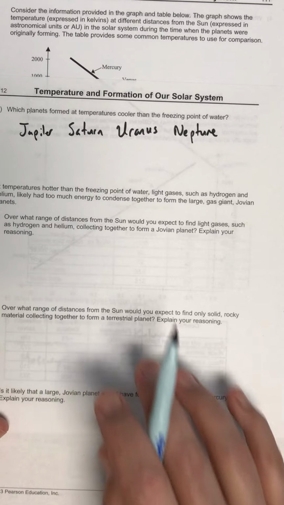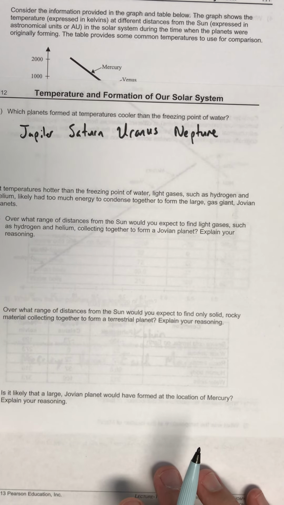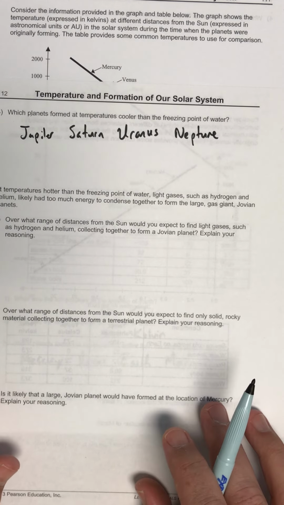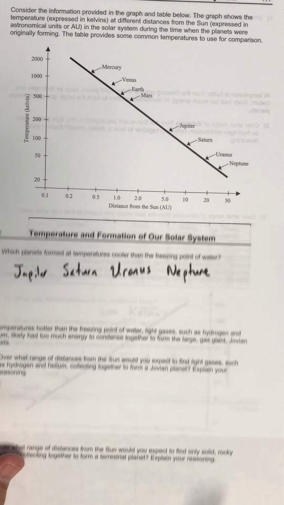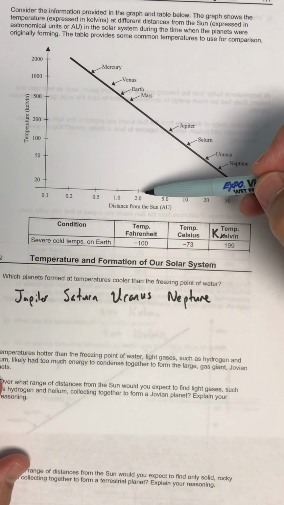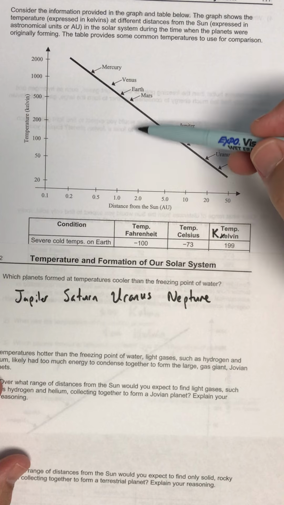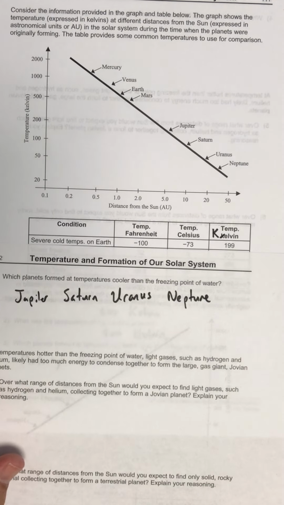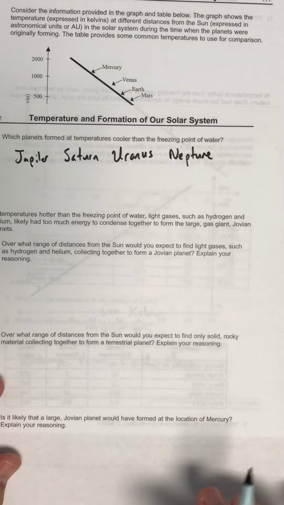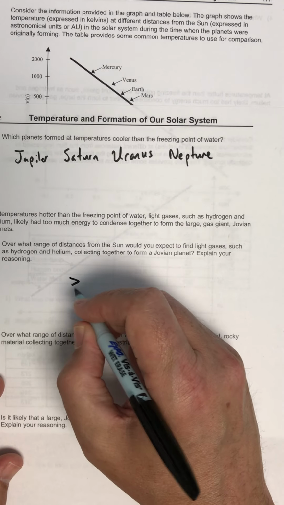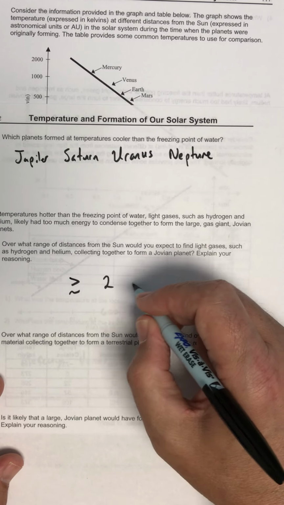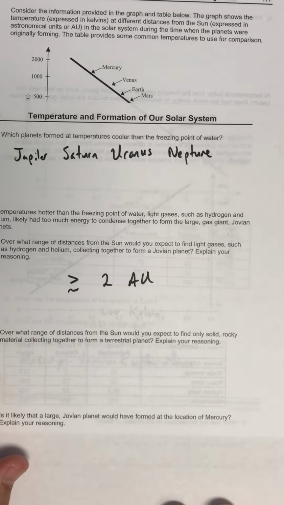It has to be cooler than the freezing point of water, which is around 2 AU. So for distances greater than approximately 2 astronomical units.